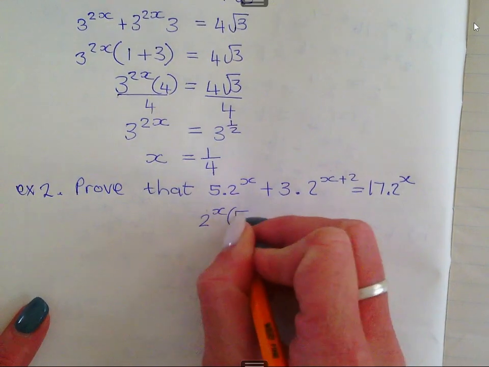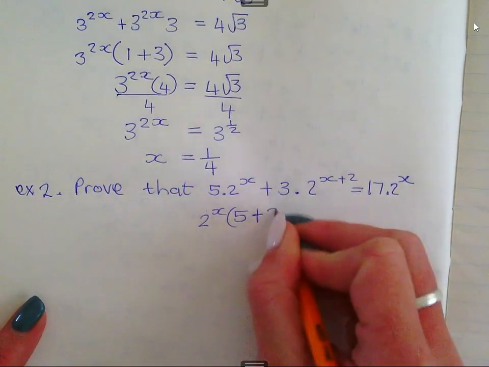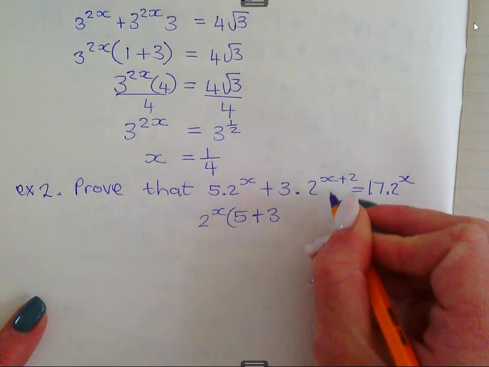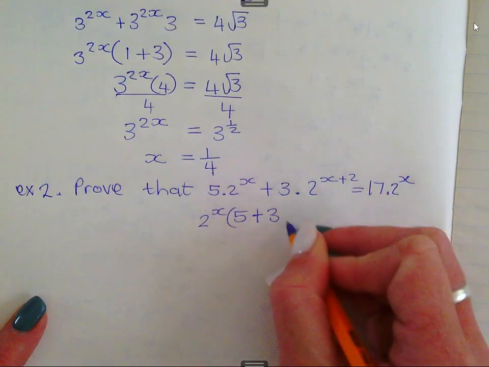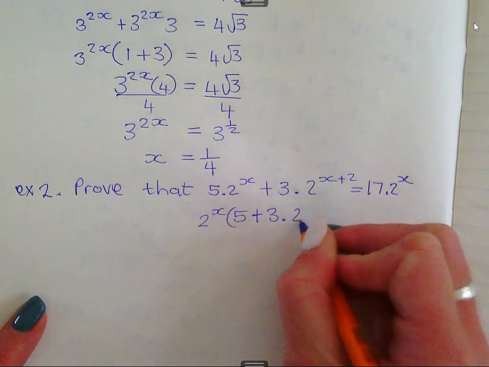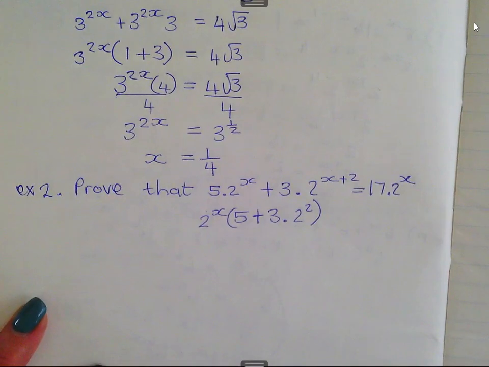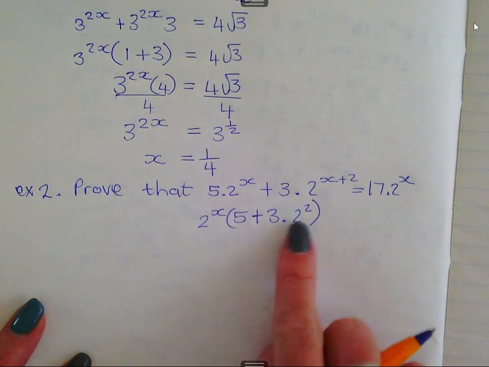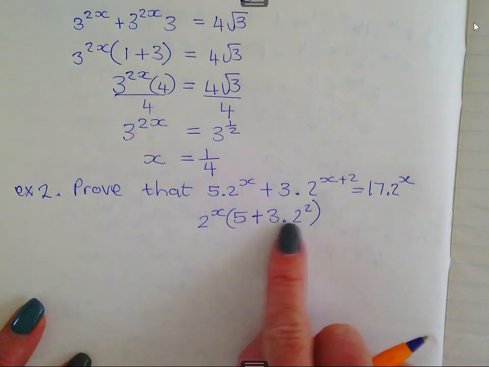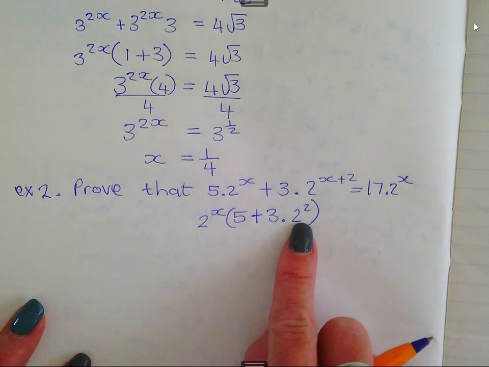What remains is 5 plus 3 times 2 to the power of 2. You know where I got the 2 to the power of 2? Yes. Okay. What's 3 times 2 to the power of 2? 3 times 4.